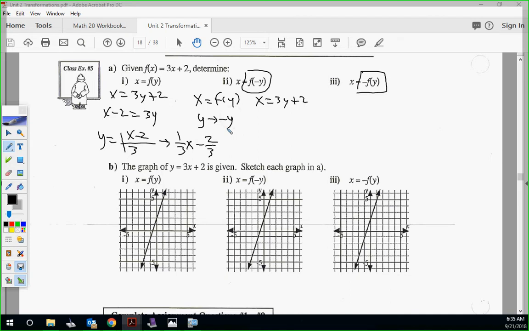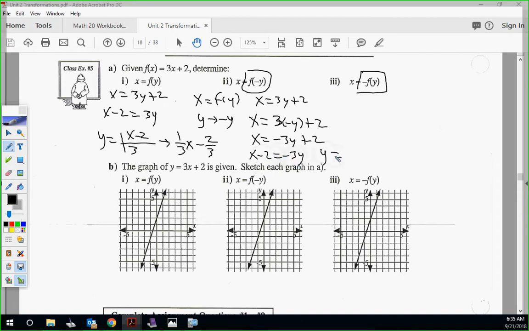Y to negative y, so that just means it's going to be x equals 3 negative y plus 2. And now we can solve that for y. So x equals negative 3y plus 2. So we have x minus 2 is negative 3y.